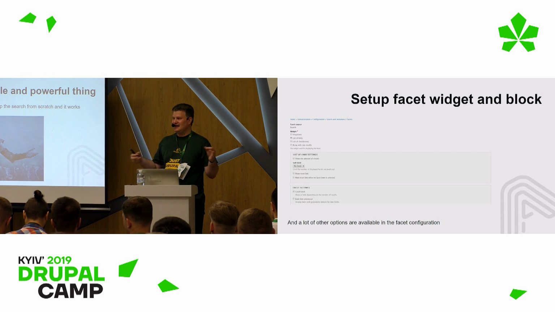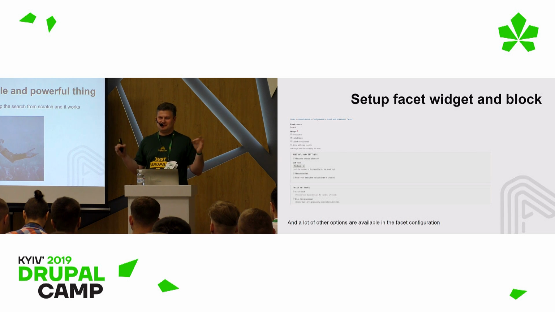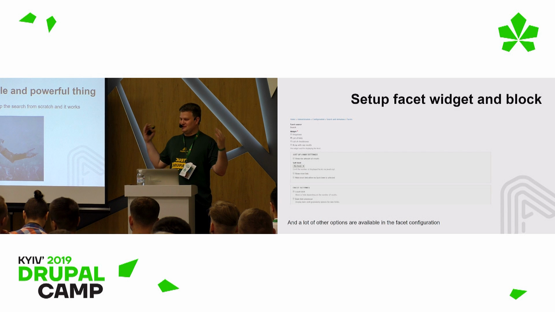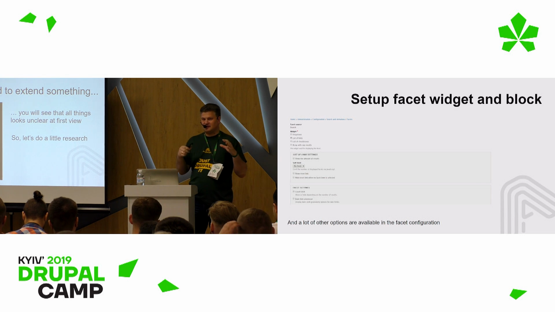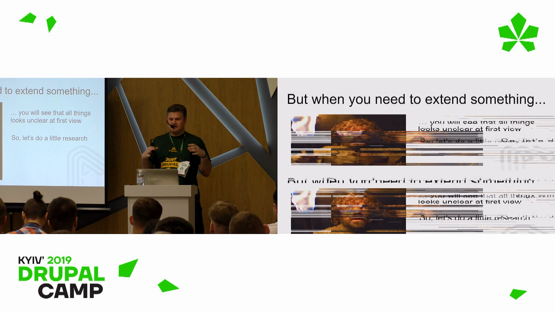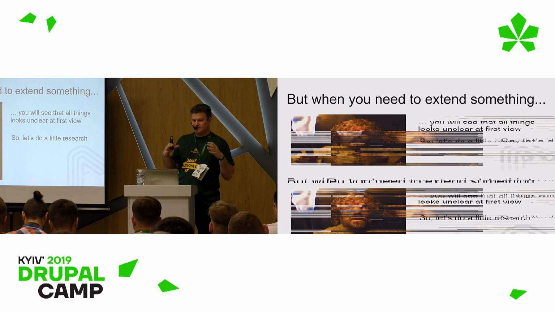It really works, and each junior can see that it's really powerful. It's really simple. It's cool. But when we try to dig inside this feature, we will see that all things look unclear at first view. So let's do a little research on how Facet API really works.